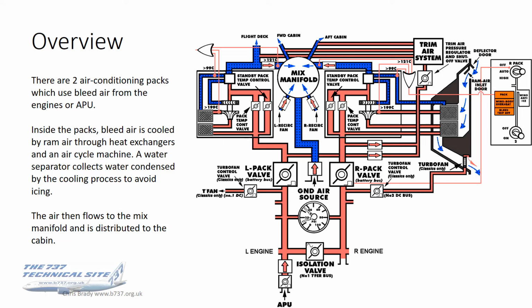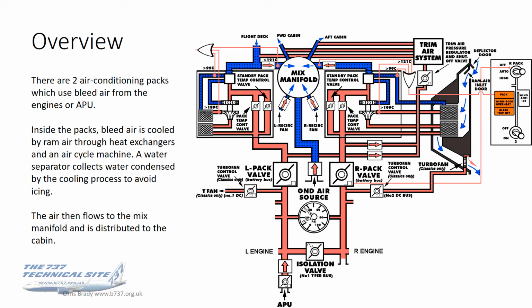By way of overview, this schematic you'll remember from the pneumatics presentation. I've omitted the engine bleed side of things just to simplify, but this is the area of the schematic that we'll be looking at in this presentation.